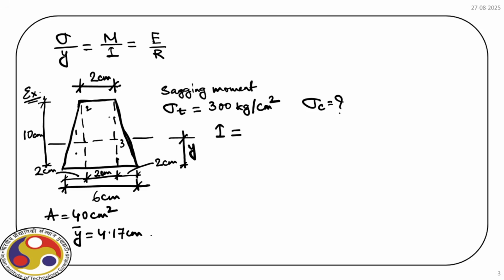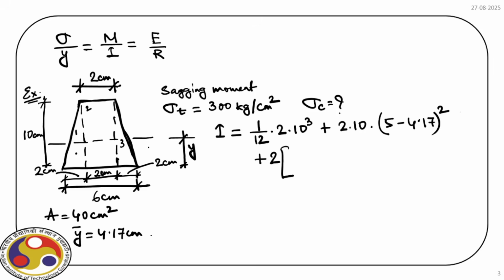So for the rectangular cross section, we have 1 by 12 times width 2 times depth 10 cube, that is BD cube by 12, plus the area 2 into 10 times the CG, which is at 5 from the base, minus 4.17, squared, plus we have 2 times, because we have two triangular cross sections.